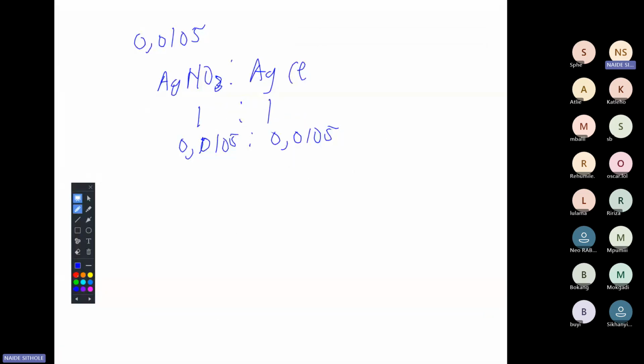One mark for this. Then the mass of AgCl will be the number of moles multiplied by the molar mass, 0.0105 multiplied by the molar mass of AgCl.